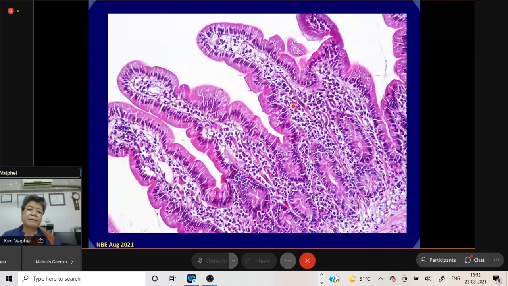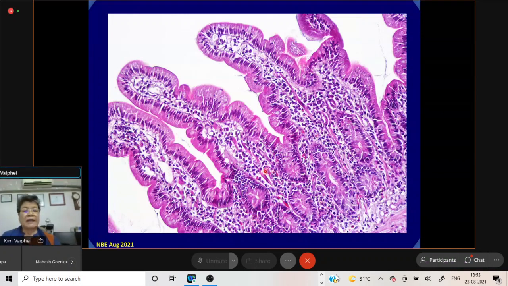So this is possibly something much more than just injury produced to the villi because of the content of the lumen. It has to be something much more because the crypts are also involved. So one can assess in this way, and the lamina propria inflammatory cells are also increased, and try and look for the underlying etiology.